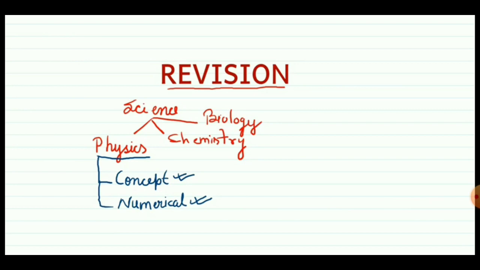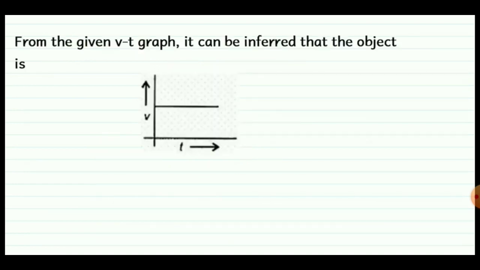Now we will start our revision by taking different questions on the basis of concept and on the basis of graphs as well. Now student, the first question we have taken is a VT graph is given. By observing this VT graph, what can we say about the object's motion?